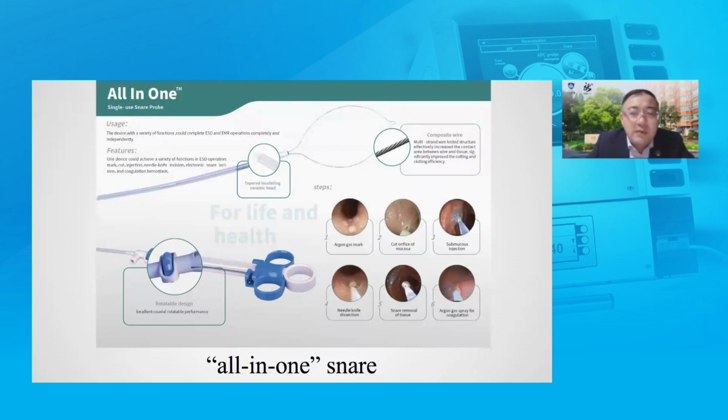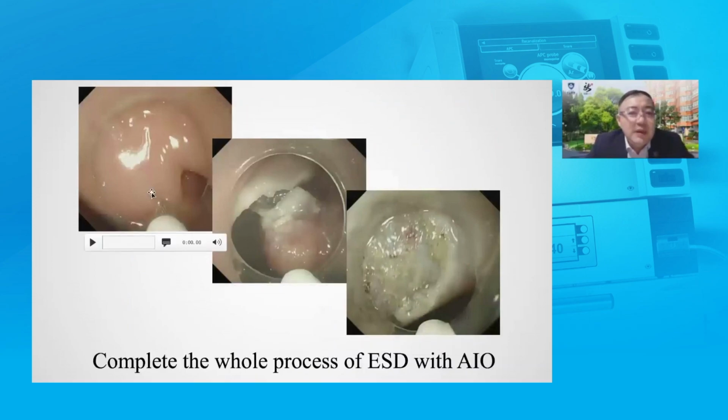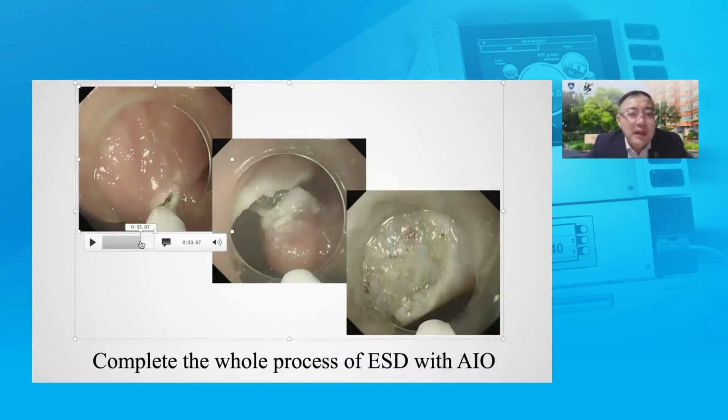So we have invented a new all-in-one snare to perform the ESD technique. With the tip of this snare, we can mark the lesion, we can cut the mucosa, and we can inject saline into the submucosal layer.